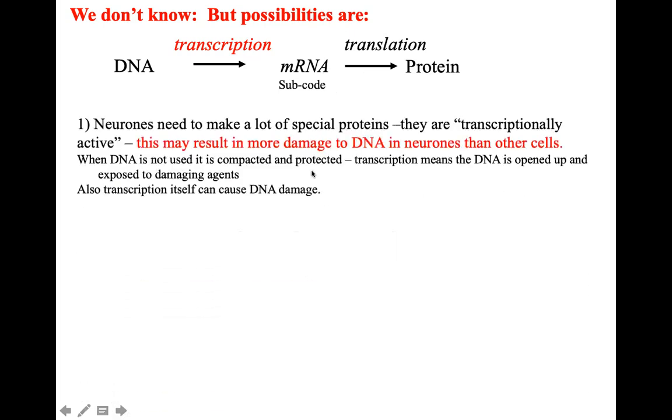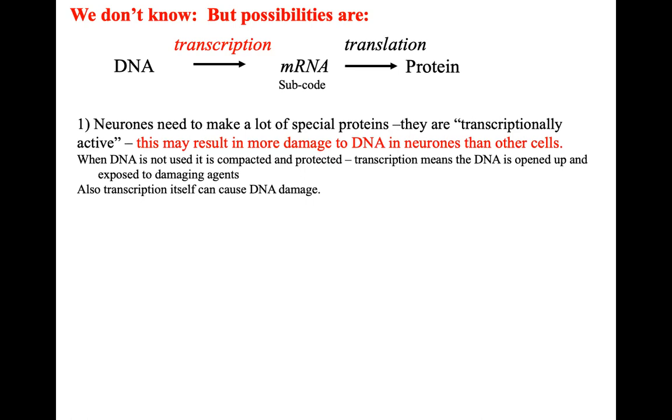And neurons make a lot of proteins. That means they're very transcriptionally active because they're making a lot of these subcodes. They're translationally active as well, but this is the point of relevance for what I'm going to tell you about. And it seems like the whole act of doing transcription can cause some DNA damage. So I'll just tell you a little bit more about that.